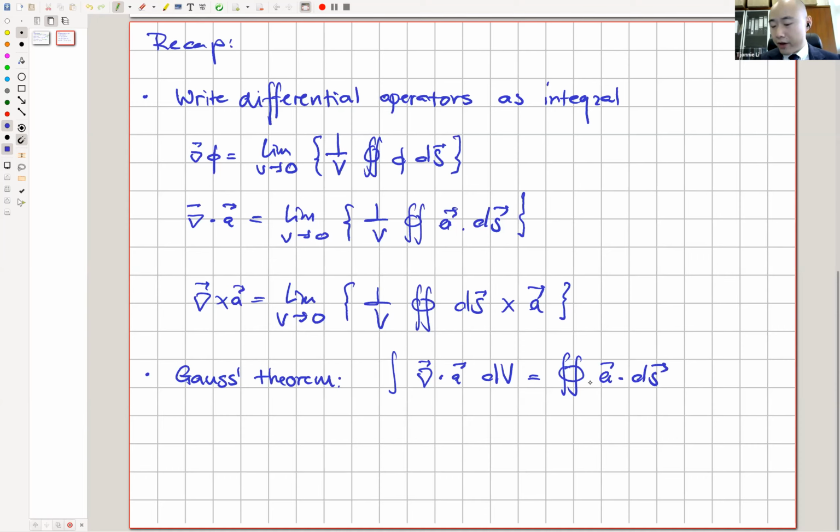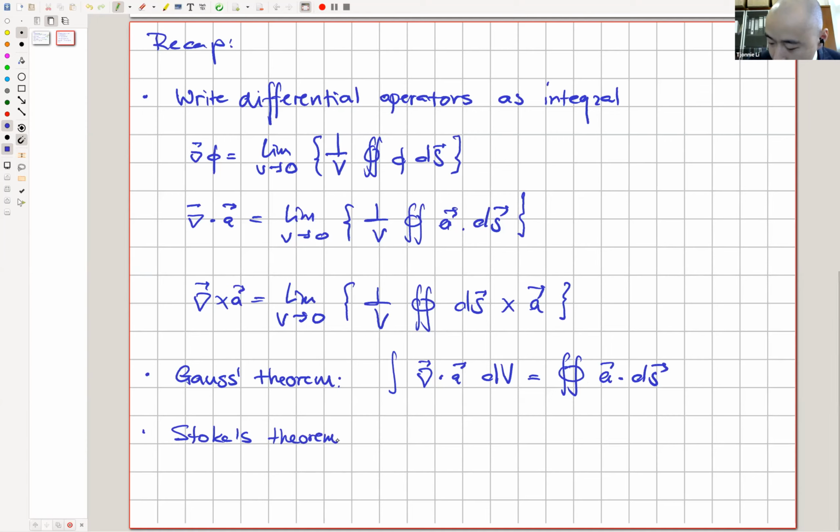Okay, and so we've used this to turn the divergence of the electric field and the divergence of the magnetic field into their integral formulations. The other thing that we did was look at so-called Stokes' theorem, which is more or less the equivalent for the curl.